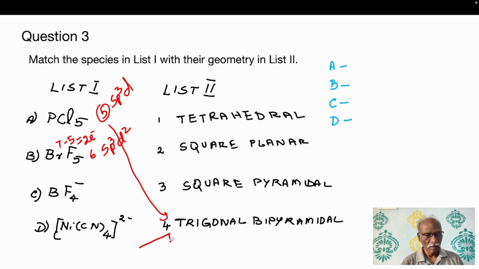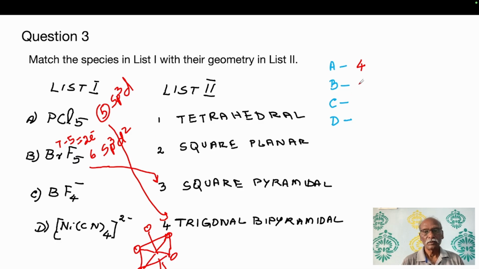This is an octahedral. 1, 2, 3, 4 bonds, and one bond is here, and one lone pair of electrons is here. So this is square pyramidal. Where is it? Here is square pyramidal. So A is linked to 4.